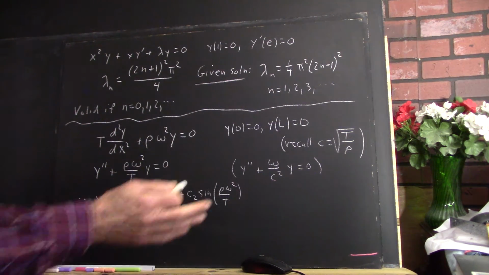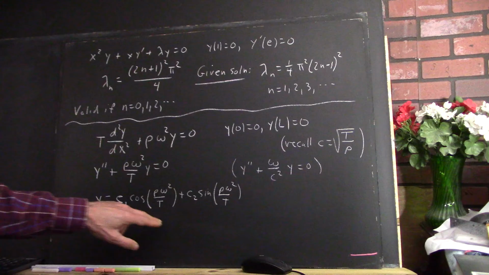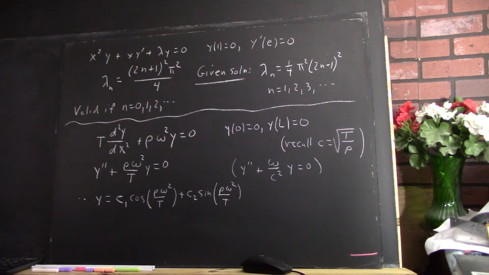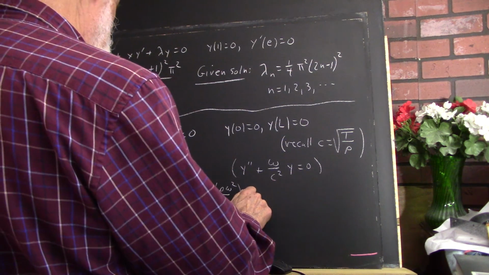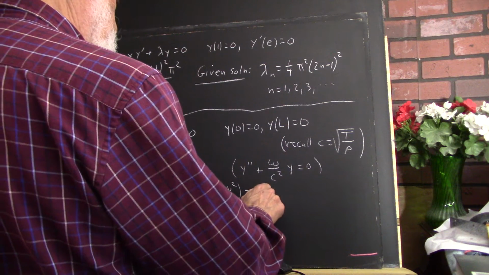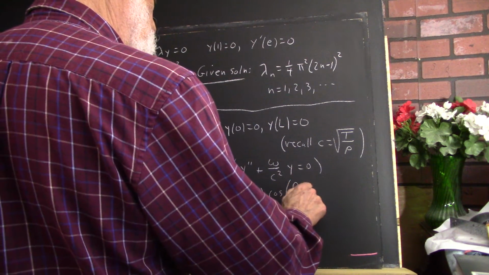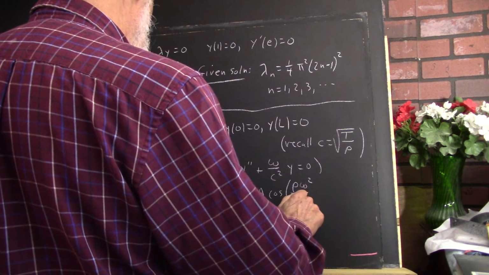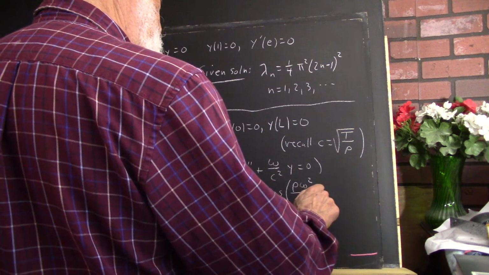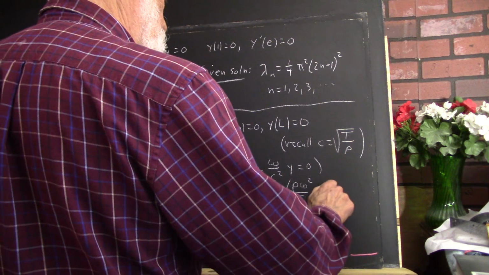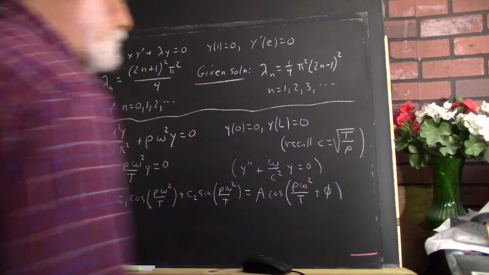You solve these problems, so I don't go through the details here. And of course, this could be A times the cosine of rho omega squared over T plus phi.